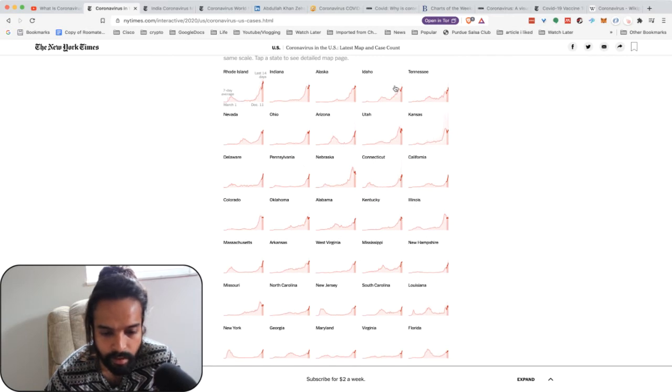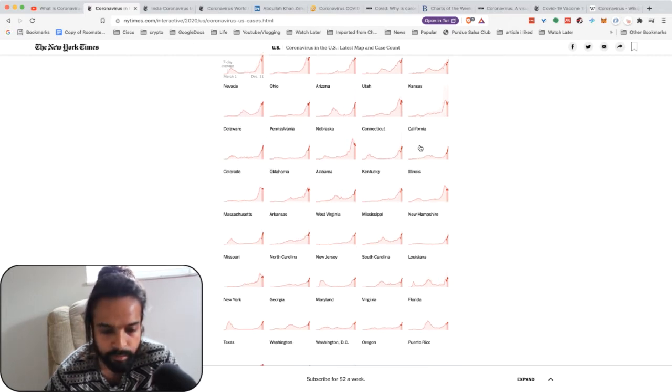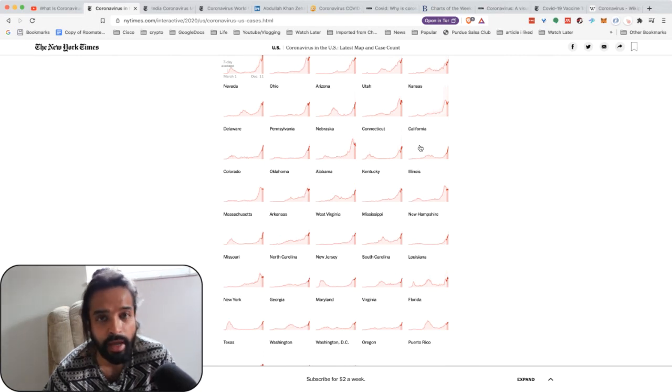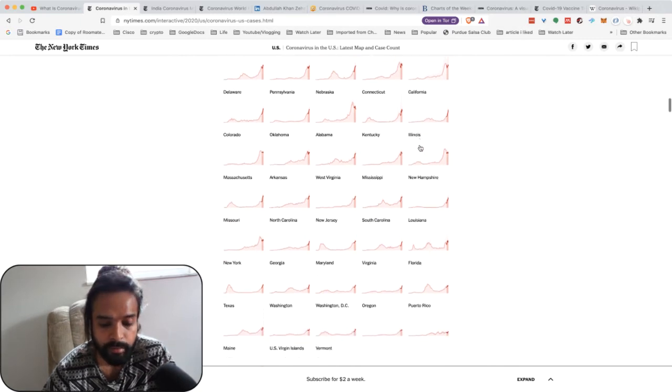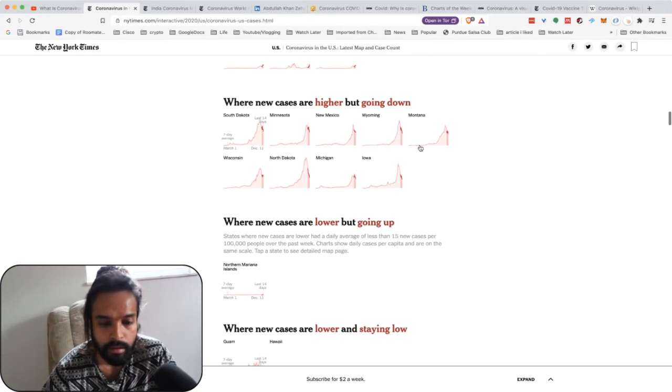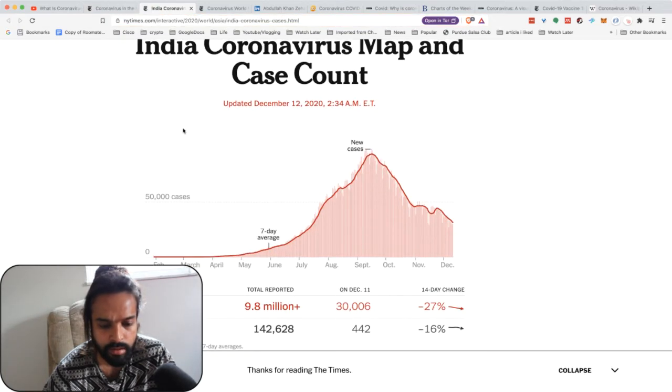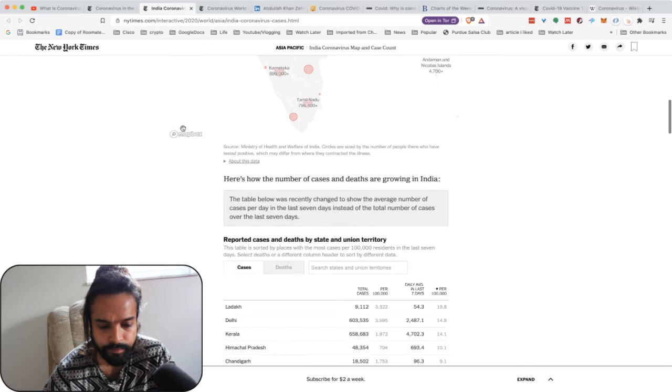And typically, you will see most Republican states where most Trump supporters live are the states being affected now because those states are more likely to keep their business open. More people are outside than inside. And where new cases are higher but going down. So definitely the New York Times interactive map is one of my sources to get some granular level data.